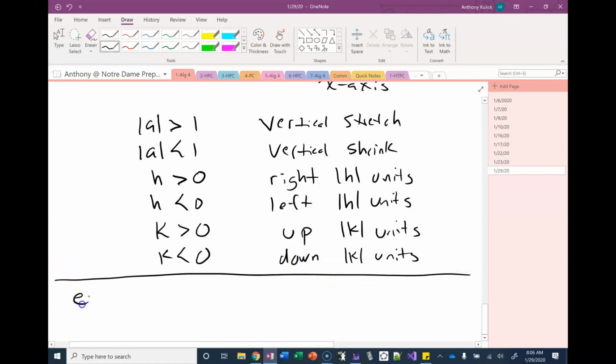So, for example, maybe we have the square root function y equals -2 times the square root of x plus 5 minus 1.